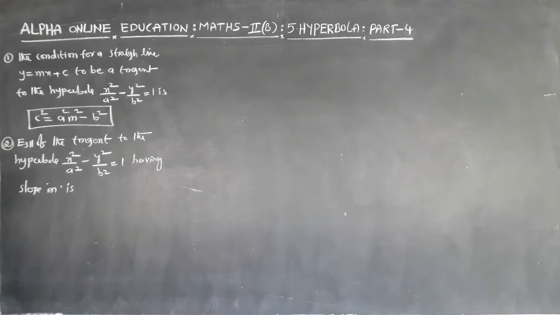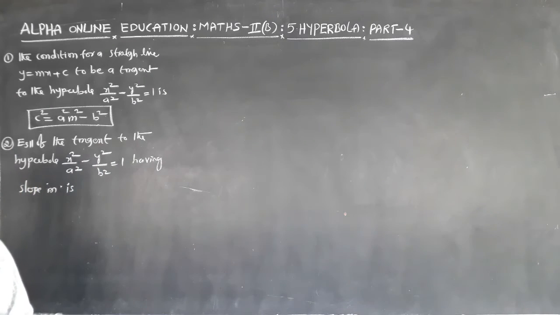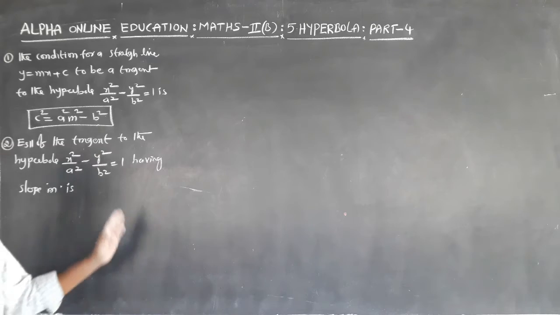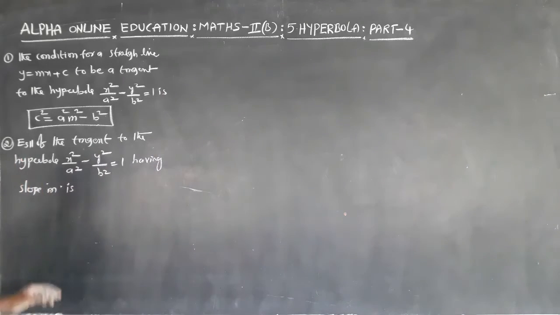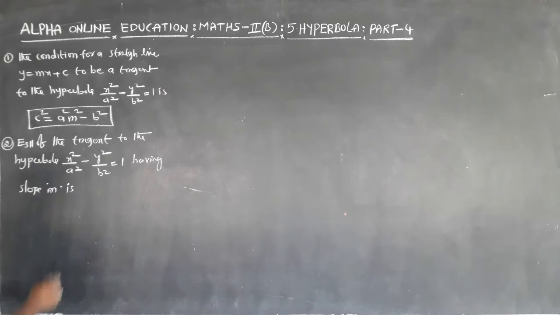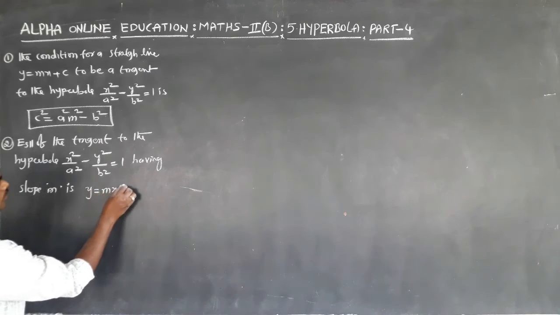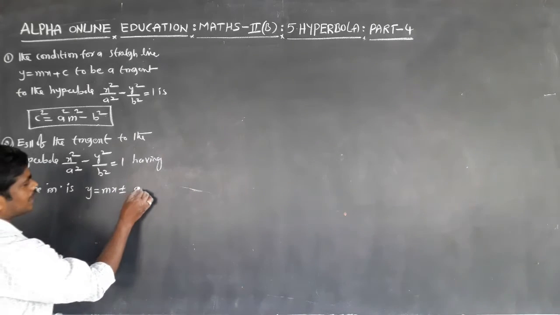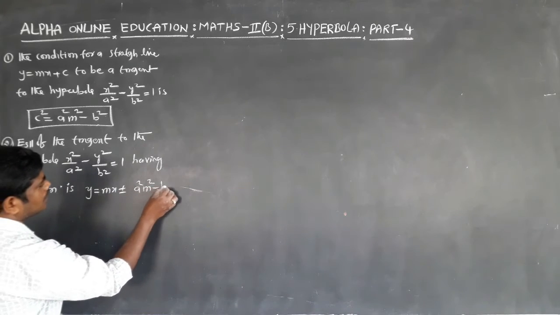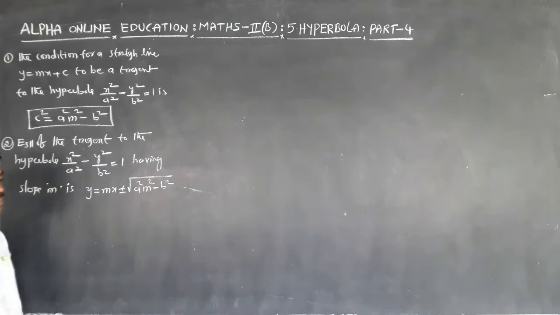The equation of the tangent to the hyperbola having slope m is y is equal to mx plus or minus under root of a square m square minus b square.